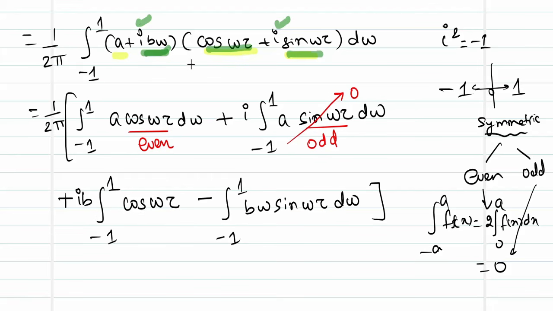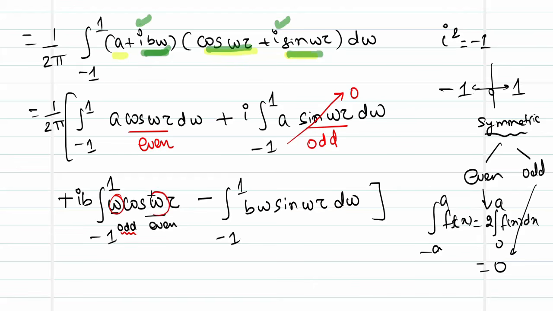Now b is a constant, we have taken b outside. Sorry, I missed this ω over here. So I have i times b(ω) cos ωτ. When I replace ω with minus ω, b(ω) gives me a minus, so it is an odd function.